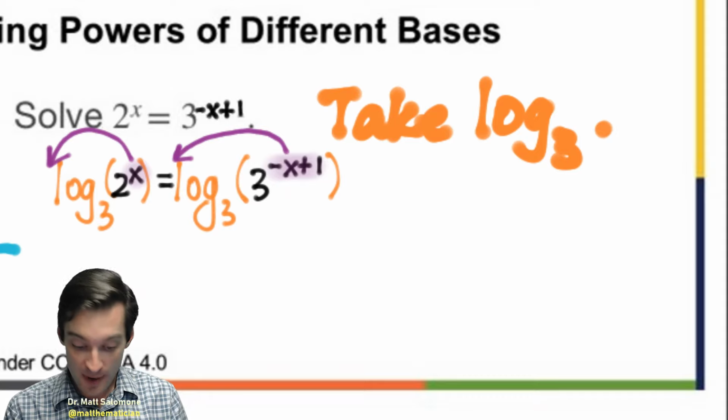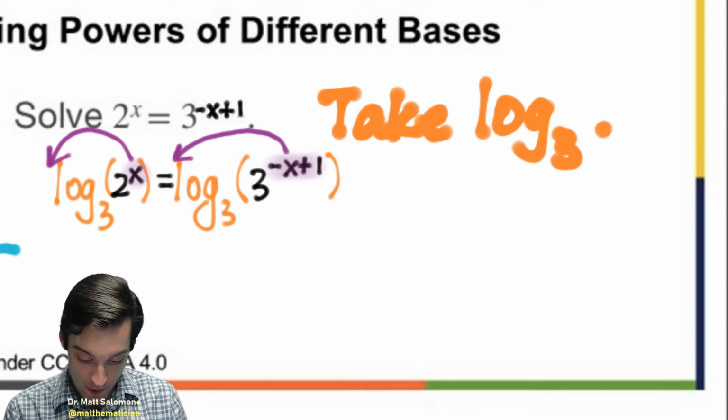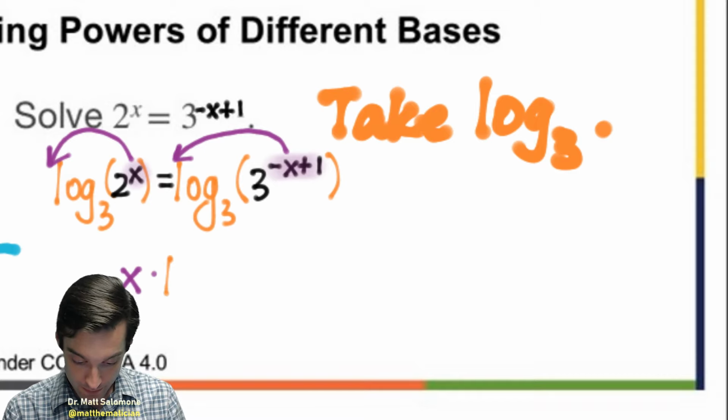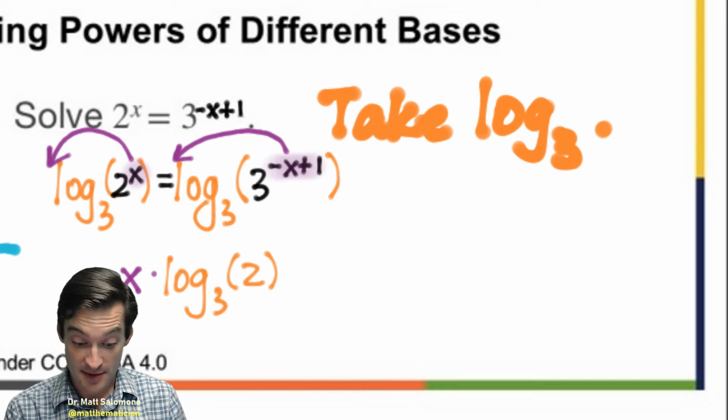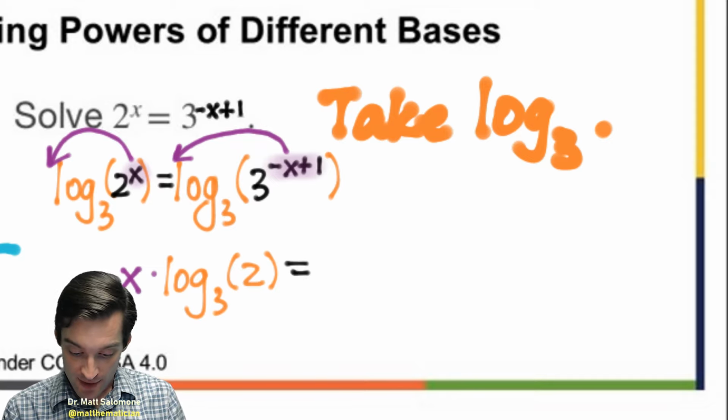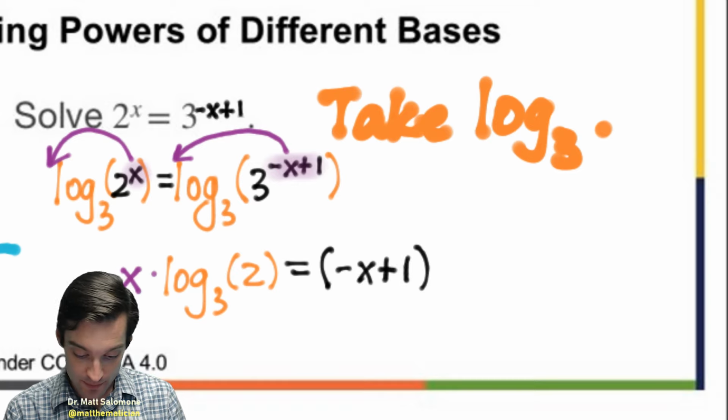So I'm going to take those powers, I'm going to bring them out. What I'm going to get is x times the log base 3 of 2. That's my new left-hand side. My right-hand side is going to be, careful with parentheses, minus x plus 1 times the log base 3 of 3.